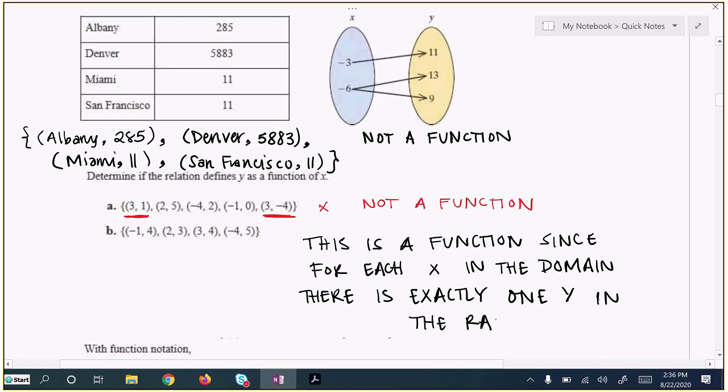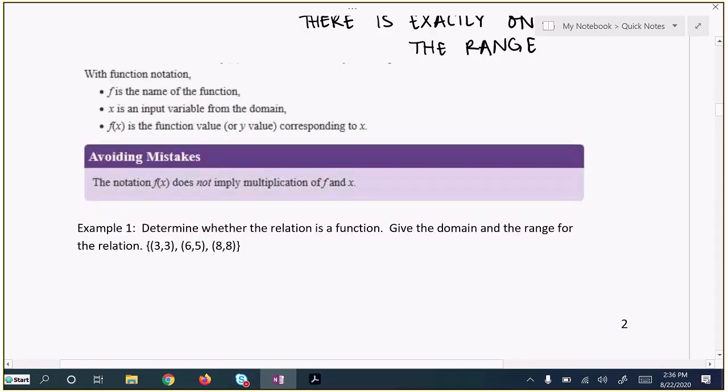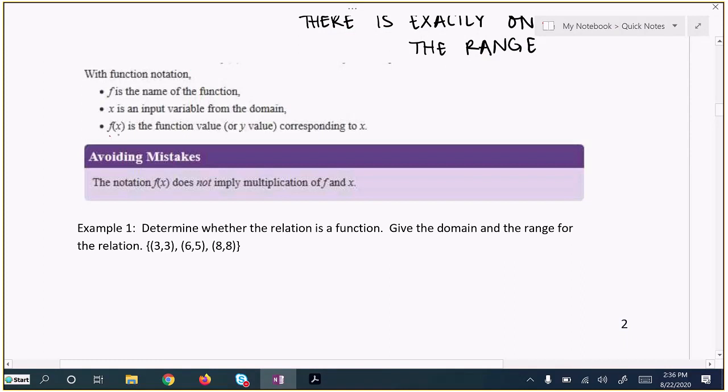Now let's talk a little bit about function notation. So the function notation that we're referring to is going to be this notation you've probably seen before, where we write f of x. And this notation indicates that we're giving our function a name.